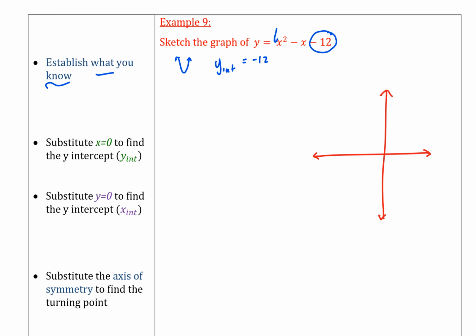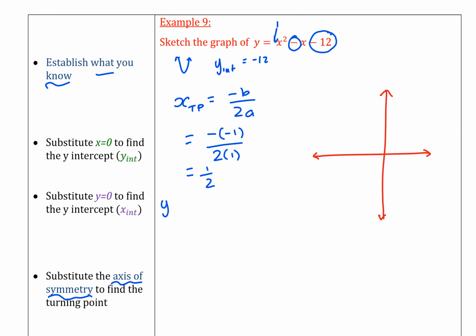Now to find the turning point, x of the turning point, what I call the axis of symmetry, is equal to negative b on 2a. So that is negative 1, because this is my b term, divided by 2 times 1, because this is monic. So I find that the x part of my turning point occurs at a half.